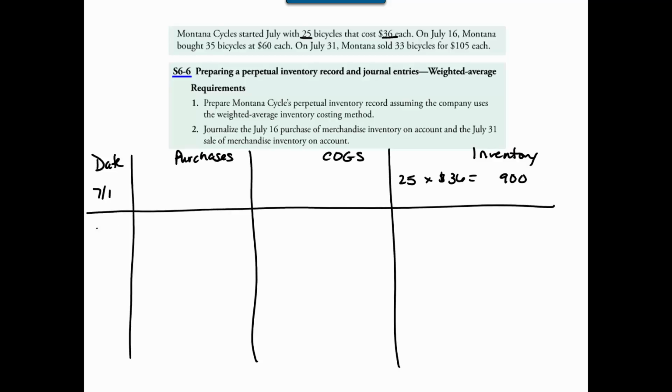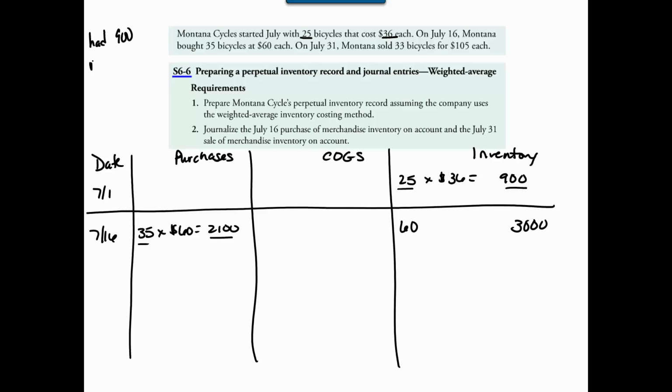Then I made a purchase. On 7/16, I purchased 35 bikes at $60 each for $2,100. So now I had 25 bikes. I bought 35 more. I have 60 bikes total. I had $900. I have $2,100 now, so I have a total of $3,000 worth of bikes.